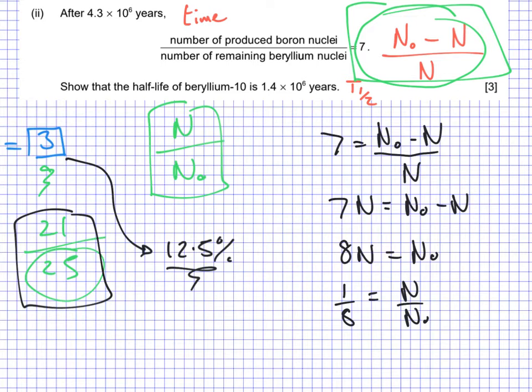Hopefully you can see those steps. And this is going to give me my decimal value, my 0.125. That, hopefully you can see, that's our 12.5%. So I can say, therefore, 3 half-lives have elapsed, and I've proven that this time is the half-life of beryllium.